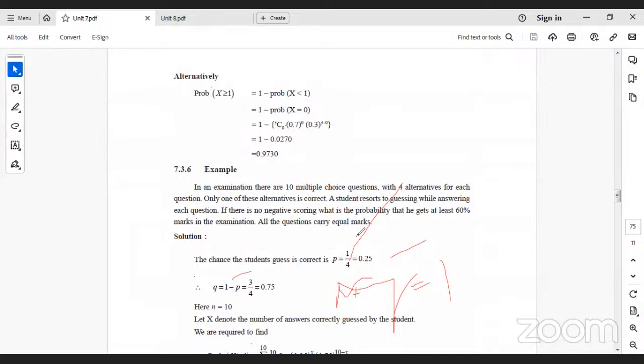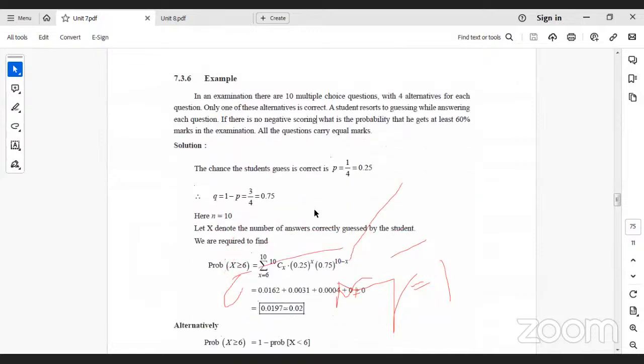Here p is the given value, so 1 minus 1 by 4 means 3 by 4, which is 0.75. Here n is equal to 10, as they have given. We need to estimate the number of answers correctly guessed by the student.